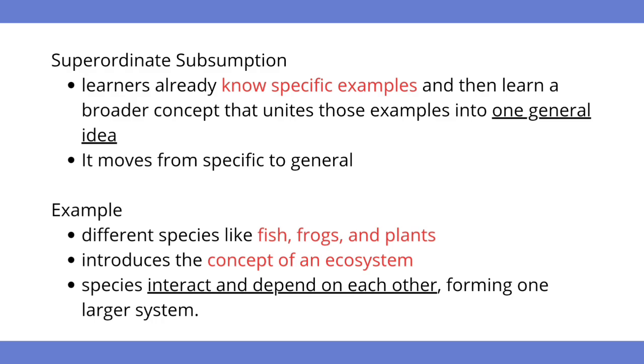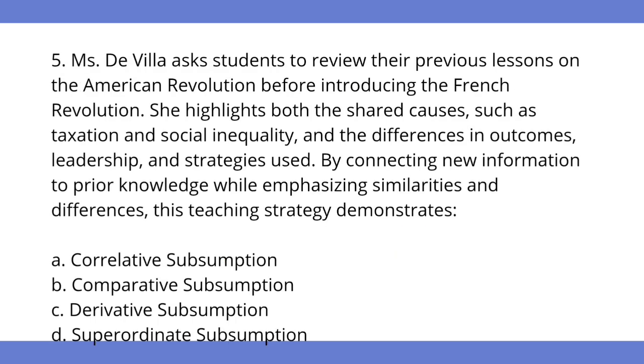When the teacher introduces the concept of an ecosystem, students realize these species interact and depend on each other, forming one larger system. The new, broader concept like ecosystem organizes all the smaller ideas they already learned. This is superordinate subsumption.